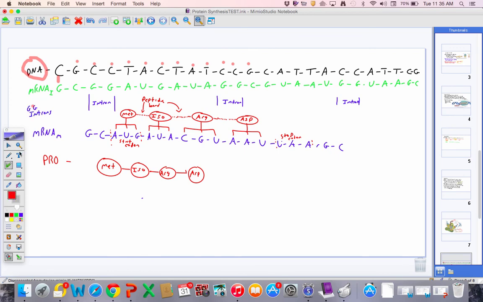For our purposes for this one, we're saying that all the GGs are the introns. So here's some introns, GG. Here's some more introns, GG. So those are going to come out. And then one more set of introns.